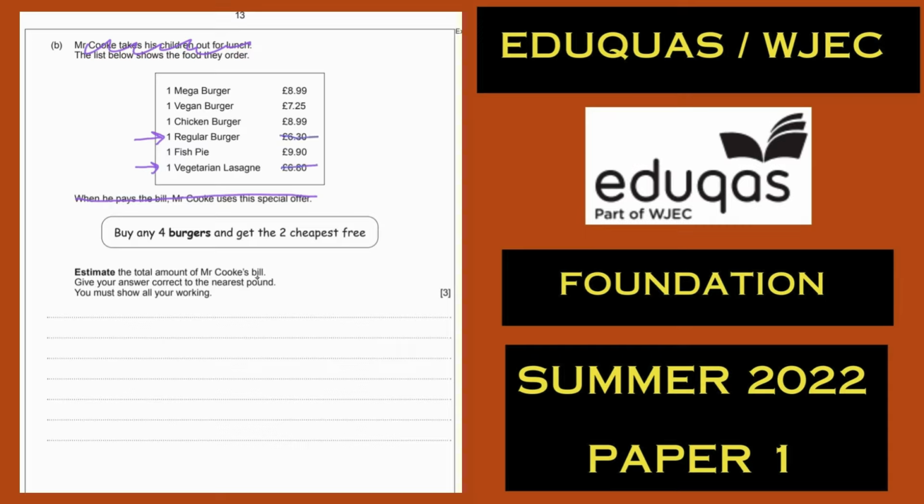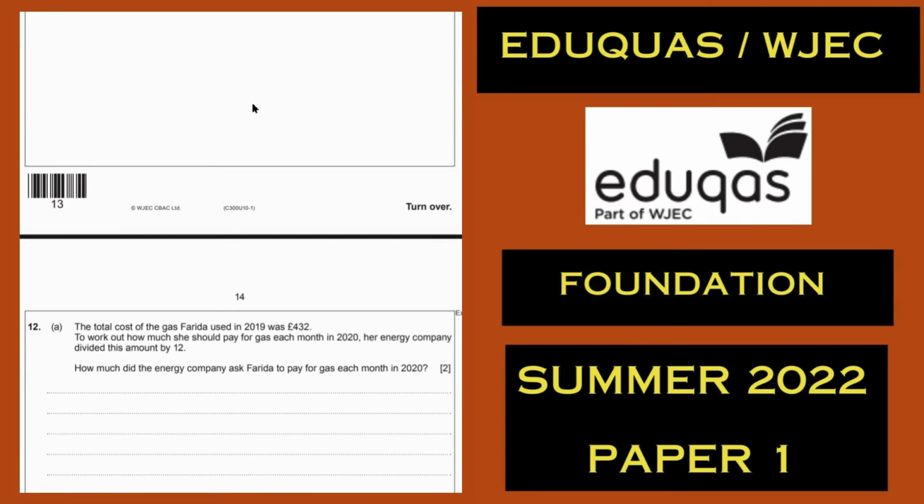We're not paying for them. Estimate. So he is paying, we'll call that 9. We'll call that 7. Another 9. And we'll round that one up to 10. All of them added up as a list or in pairs. £35. Job done. On we go.